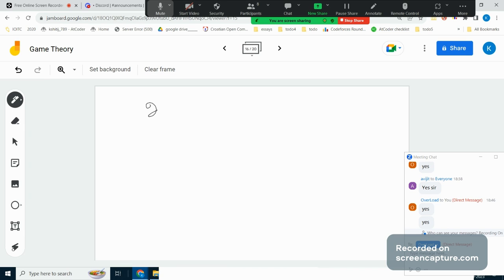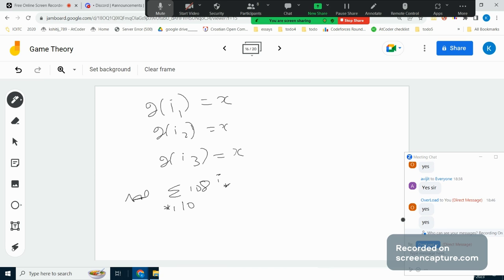In the first graph, you see all the vertices with a fixed Grundy value x, say gi1, gi2 equal to x. Suppose you have multiple vertices with value x. You calculate the summation of 10 to the power 18 i star, iterating star from 1 to however many numbers there are.